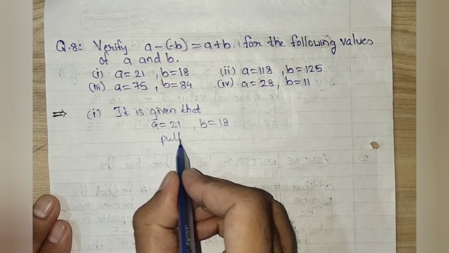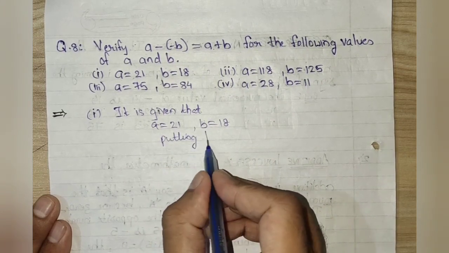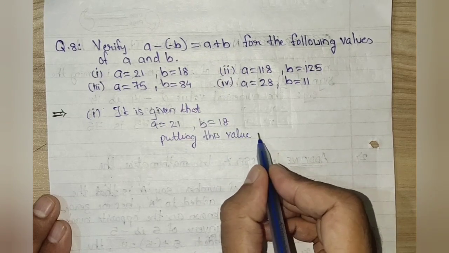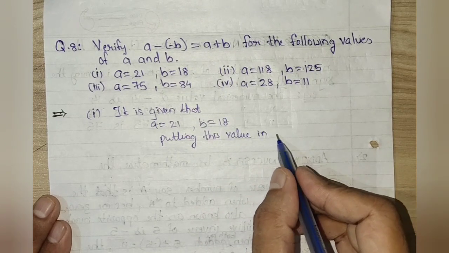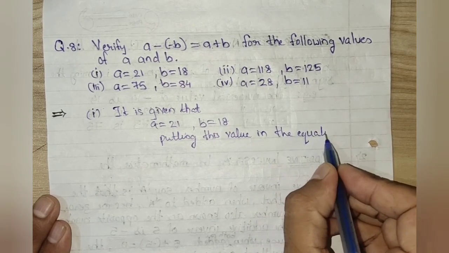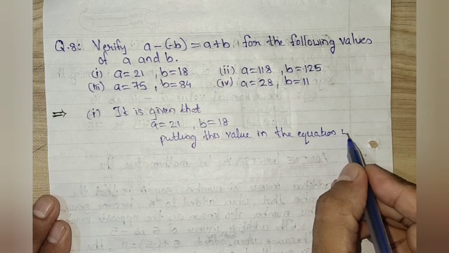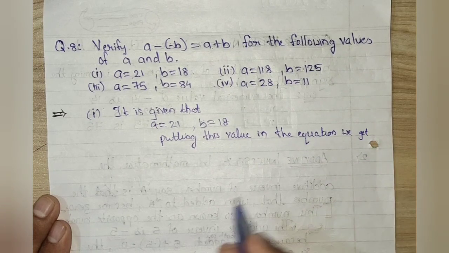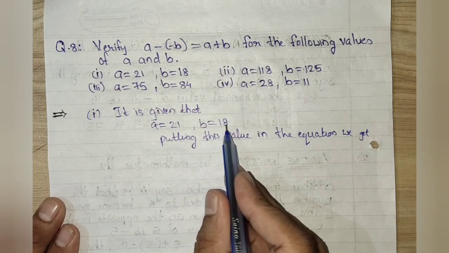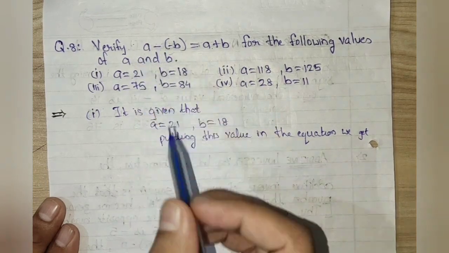Putting these values in the given equation, let us see what we get. First we will put a is equal to 21 and b is equal to 18 in LHS.